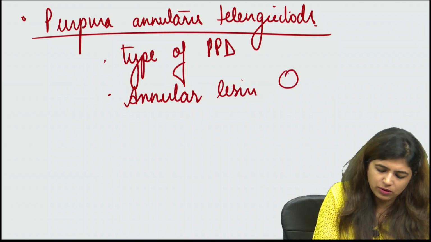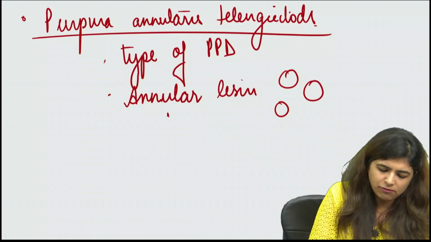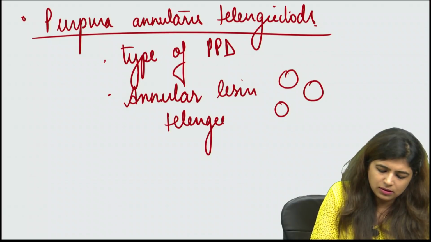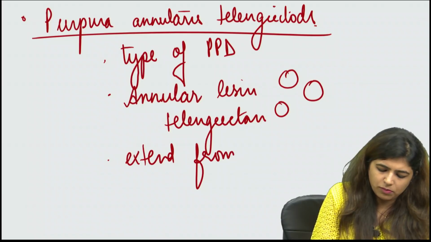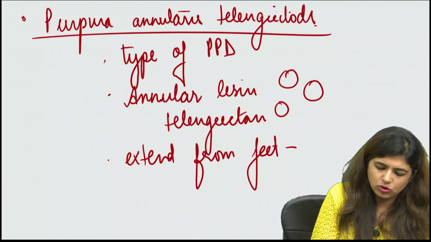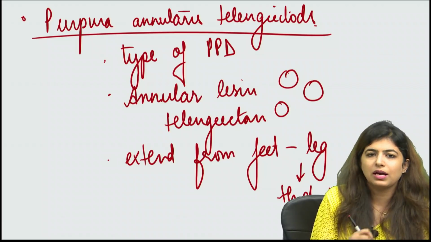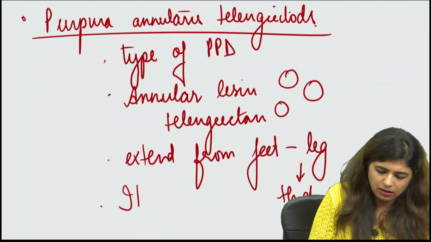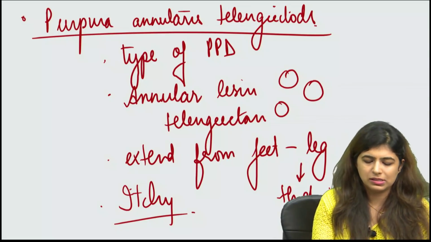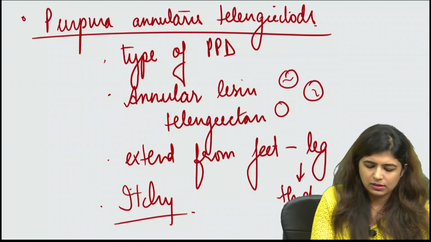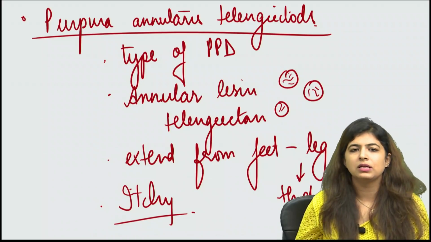Annular means round, which have multiple telangiectasias, and they extend from the feet to the leg. They move proximally and sometimes even up to the thighs, and they can be itchy. So that is purpura annularis telangiectoides. Slight telangiectasias can be seen within the lesions.